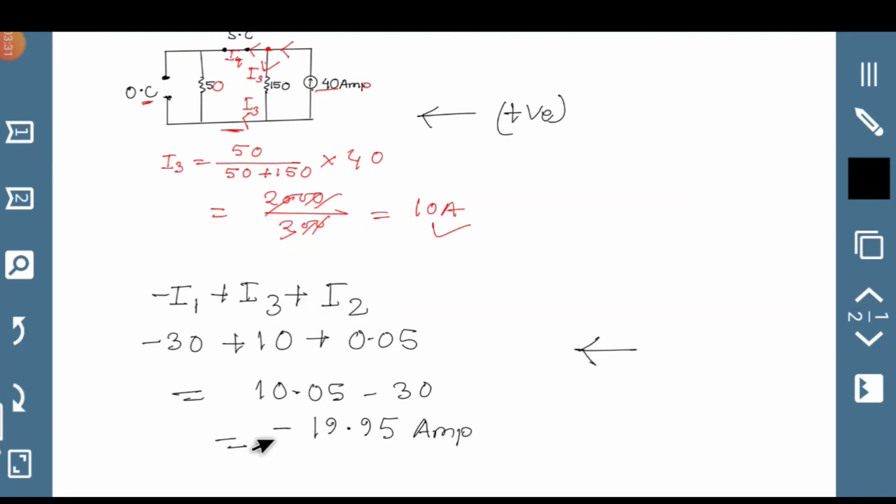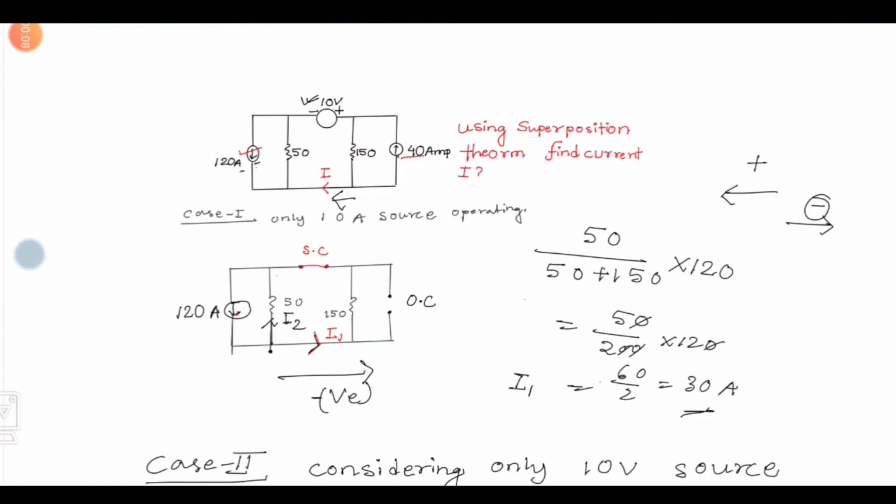Now look, we got minus here, so the actual direction would be left to right. In this question the actual direction would be this way. This is our actual direction.